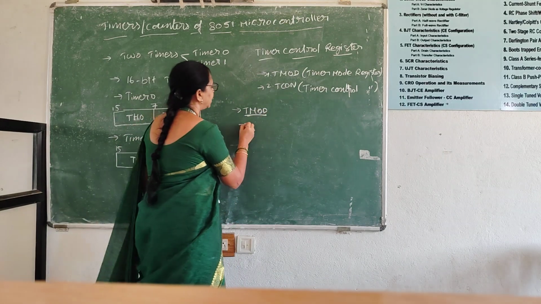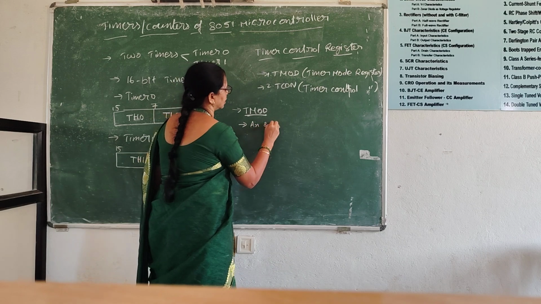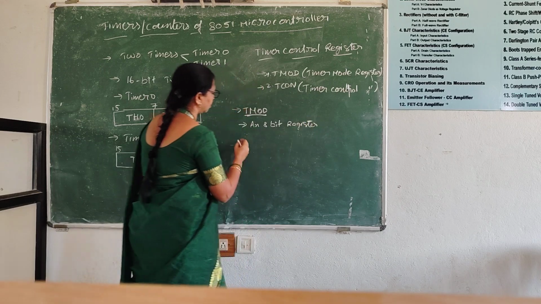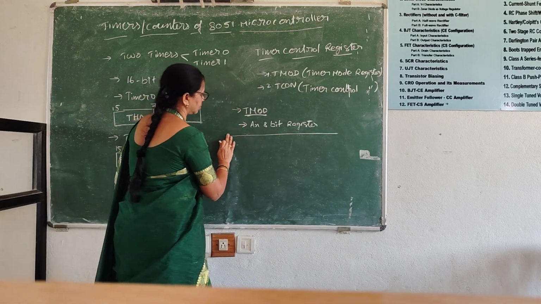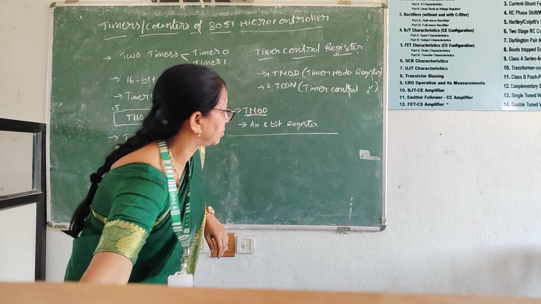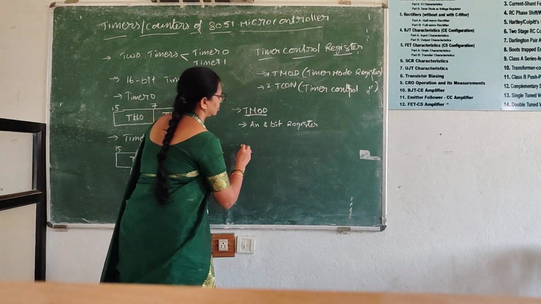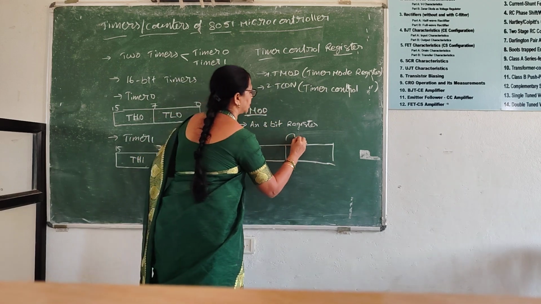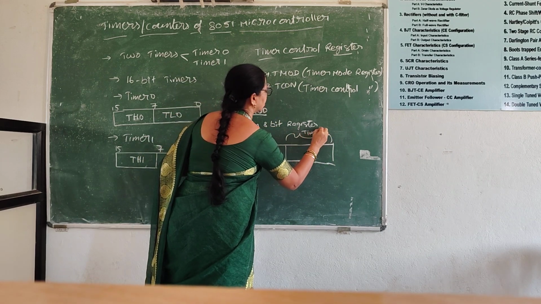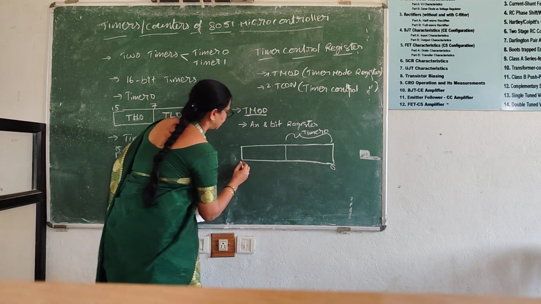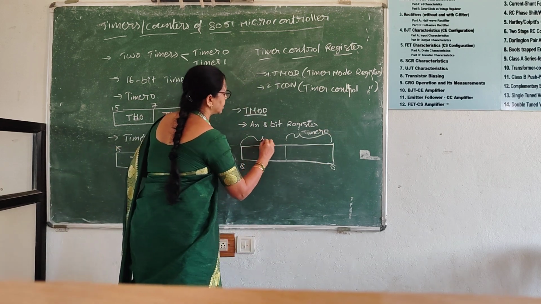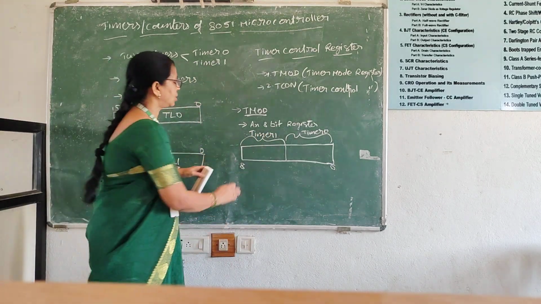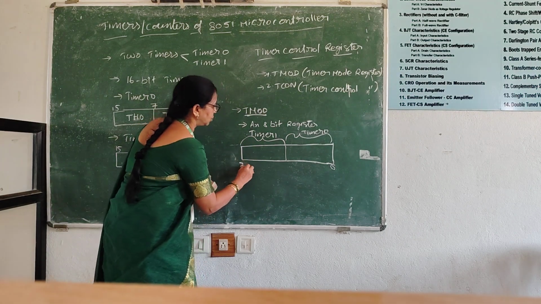TMOD is an 8-bit register. Lower 4 bits belong to timer 0 and higher 4 bits belong to timer 1, bits 0 to 7.